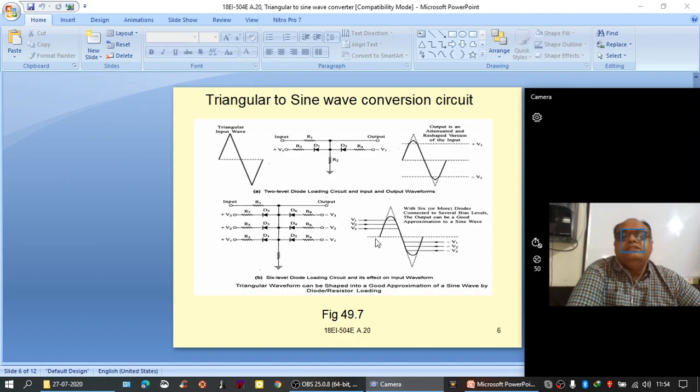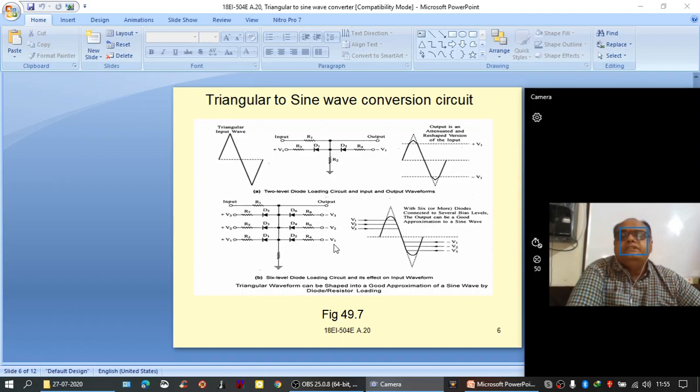Now as you can see here, as and when one of the diodes is conducting, the output voltage is clipped to that voltage. And similarly, during the negative half cycles, when Vin by R1 plus R2 into R2 is lesser than minus V1, diode D2 conducts.